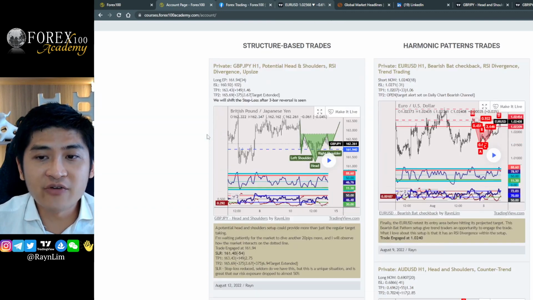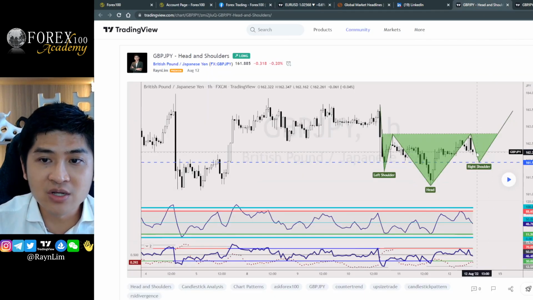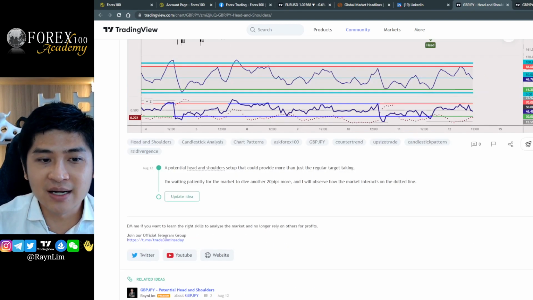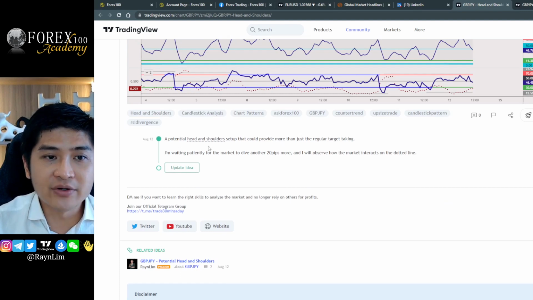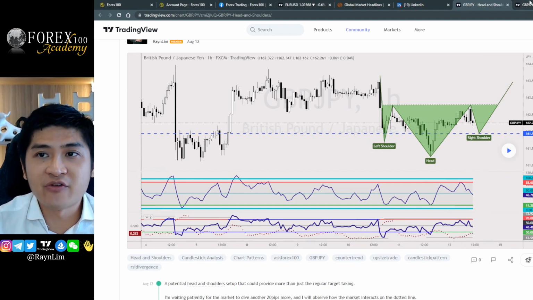And if you scroll down further, you can see how we actually identified this pound yen trade way before it retests this support level. So let me help you out over here. This was the same chart that we've seen earlier on, and just right before it touched this 161.94, I had already mentioned I want to see how the candlesticks are going to interact with this dotted line level, and once it does its job over here, I'm looking to buy as a potential head and shoulder formation.